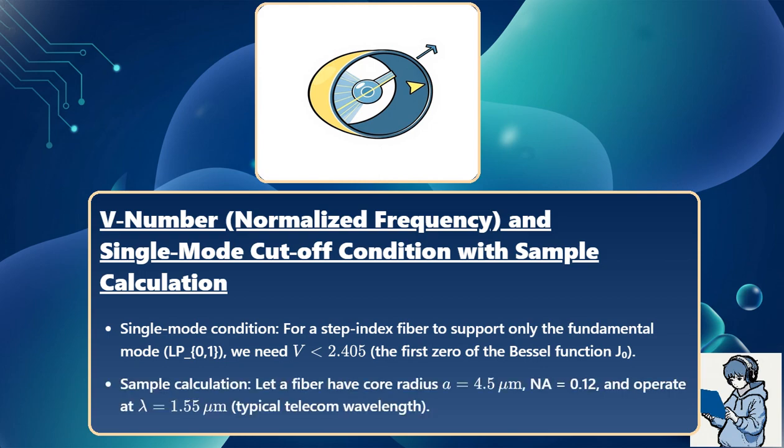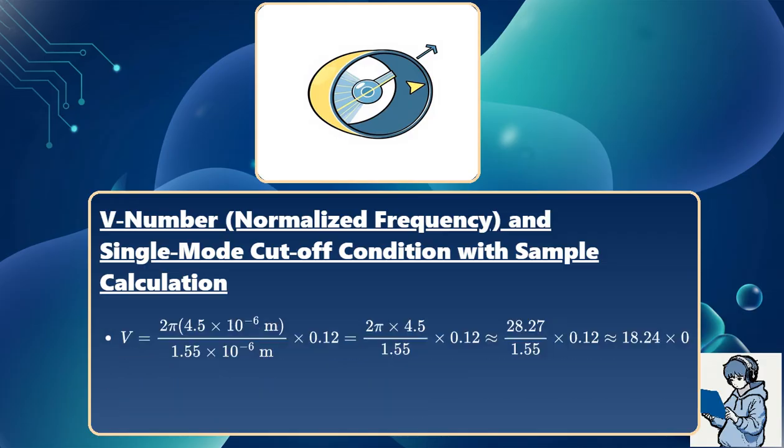Sample calculation. Let a fiber have core radius a = 4.5 micrometers and NA = 0.12, and operate at λ = 1.55 micrometers, a typical telecom wavelength. V = 2π × 4.5×10⁻⁶ m / 1.55×10⁻⁶ m × 0.12.